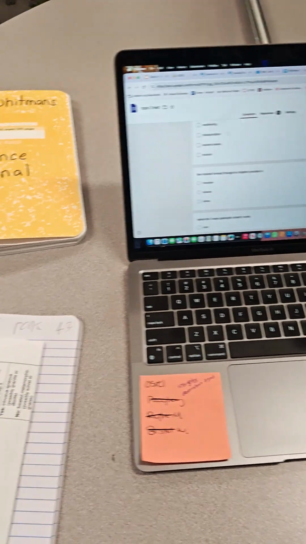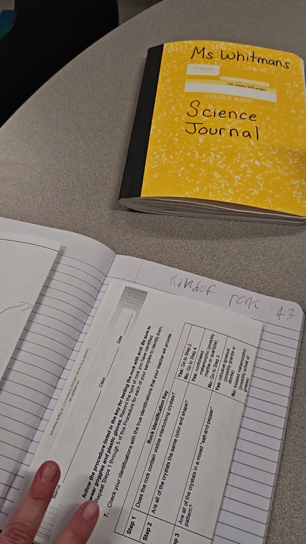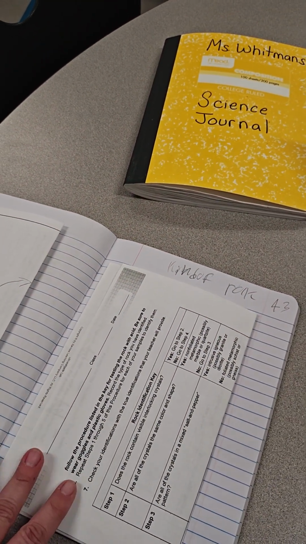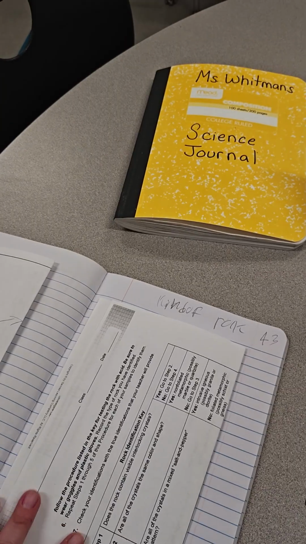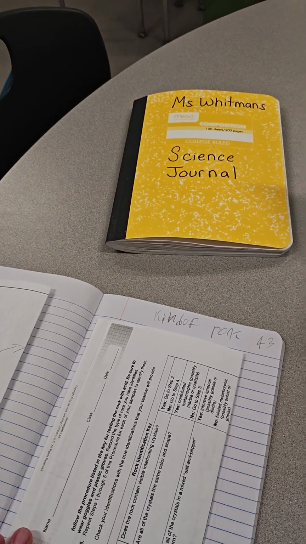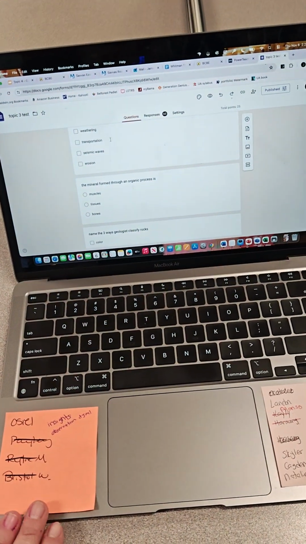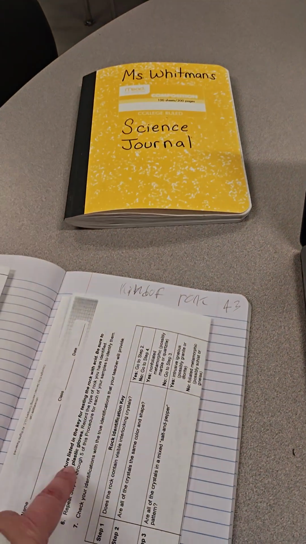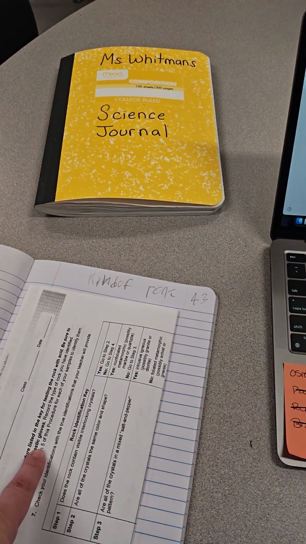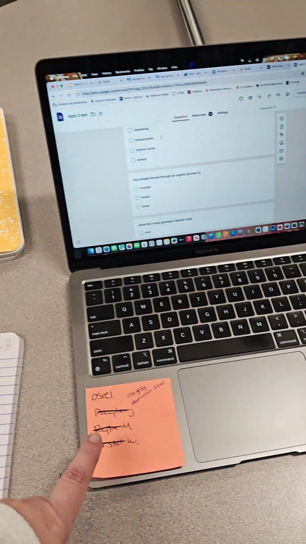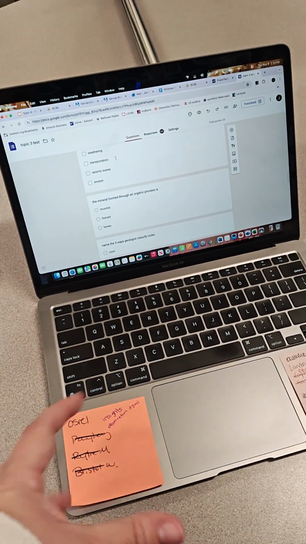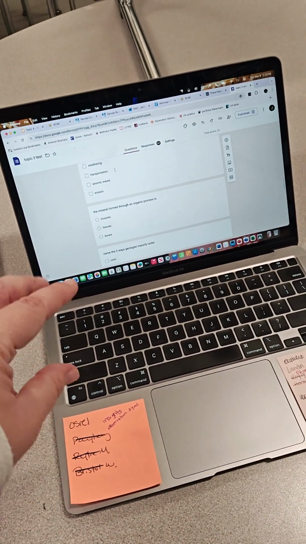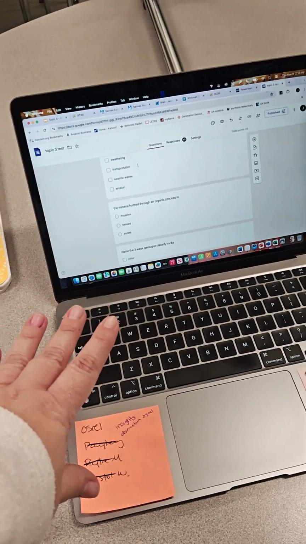But this shows me how well they can gather the information and if they're keeping up with me currently. This shows me whether they are retaining how to use it, because it's not worded the same way that it is here. So I change up the wording a little bit, but if they can apply it, then they can answer the questions here.